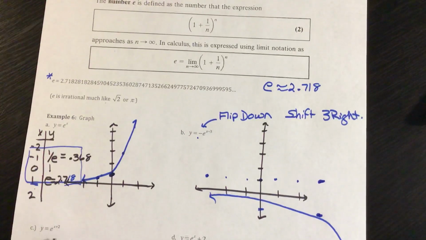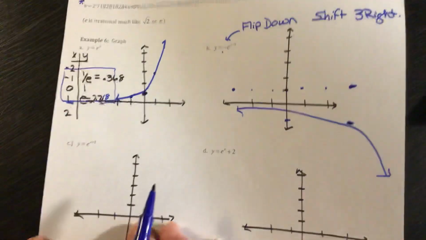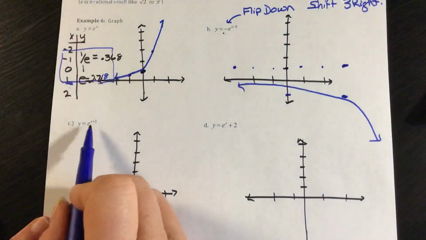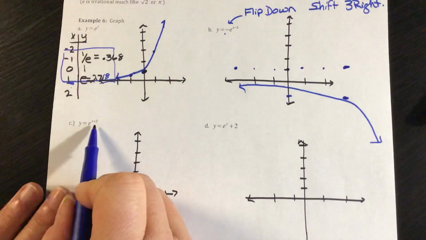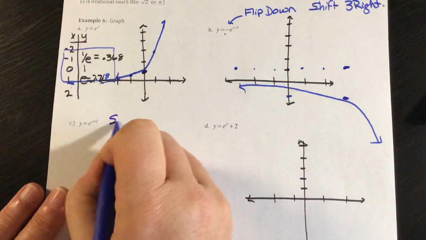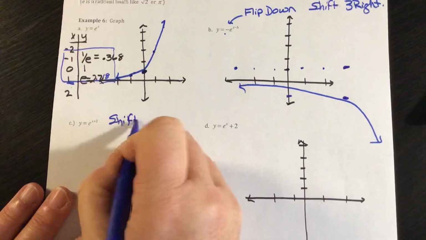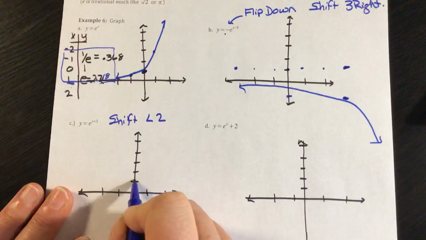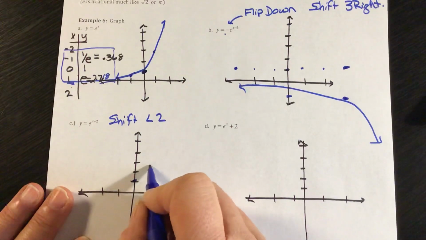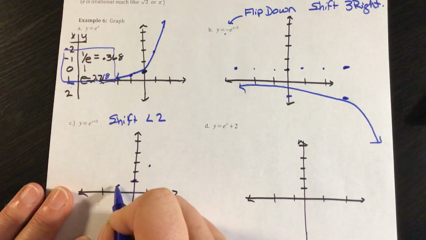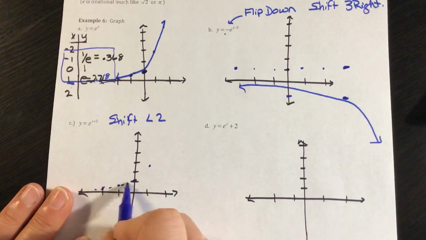Okay, next time I just have a shift of 2 units to the left. Okay, so if I have these points graphed here, this is my parent function.